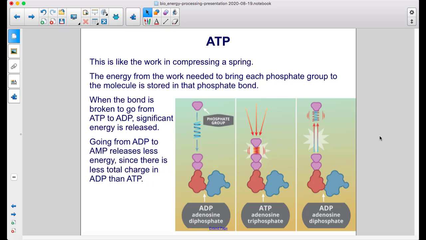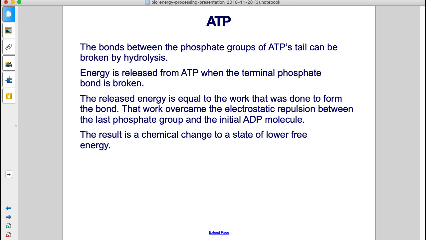The energy from the work needed to bring each phosphate group to the molecule is stored in that phosphate bond. When the bond is broken to go from ATP to ADP, significant energy is released. Going from ADP to AMP releases less energy, since there's less total charge in ADP than ATP. The bonds between the phosphate groups of ATP's tail can be broken by hydrolysis.